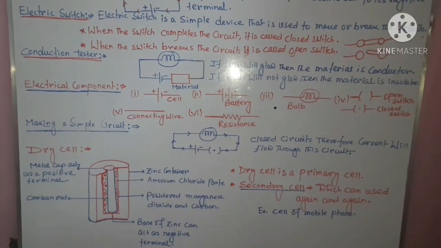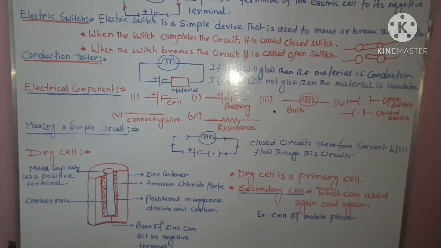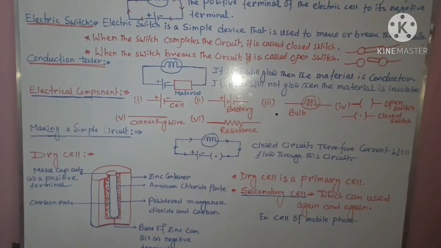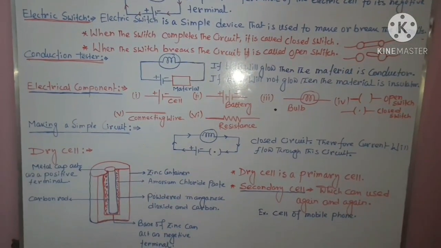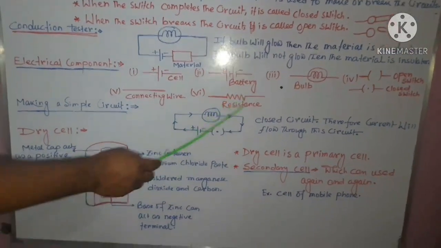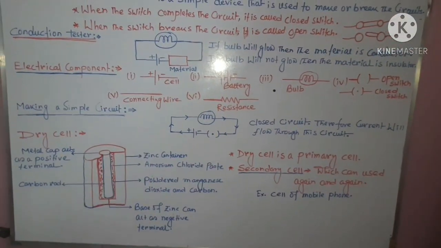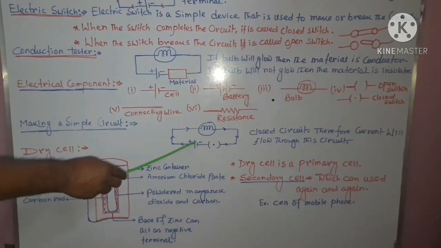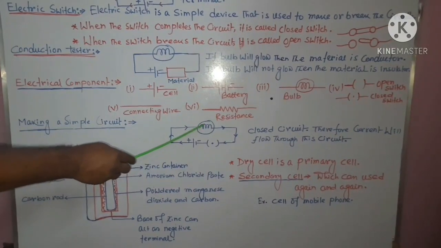Now student, you want to make a simple electrical circuit. How is it possible? You just take an electric cell, you take connecting wire, you take a bulb and you take a switch. So now from one terminal of the cell you have to connect one terminal of the bulb.